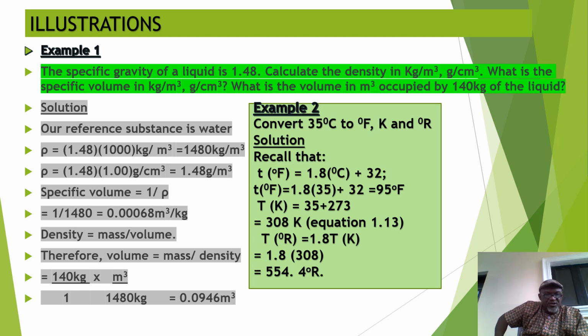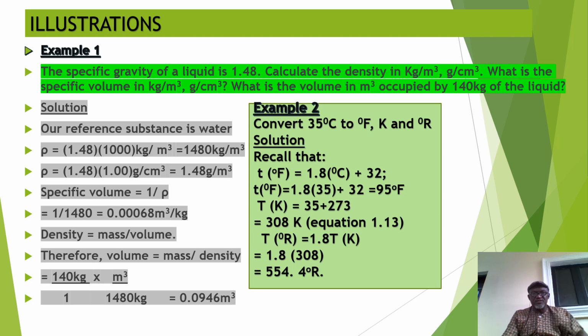And then, since we know that volume is equal to mass over density, we can also calculate the volume. 140 kg divided by 1480 kg per meter cube. Kg cancels kg and we get 0.946 meter cube.